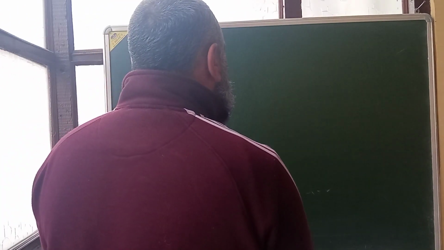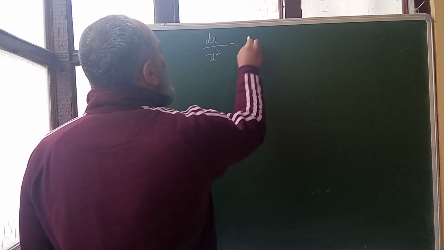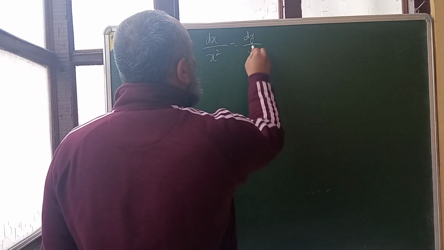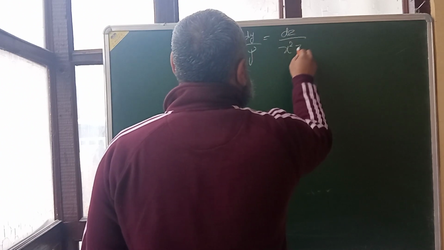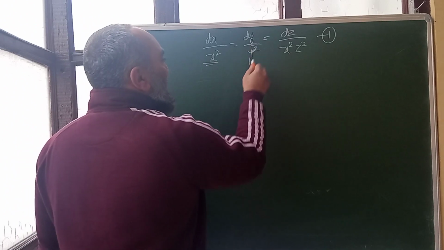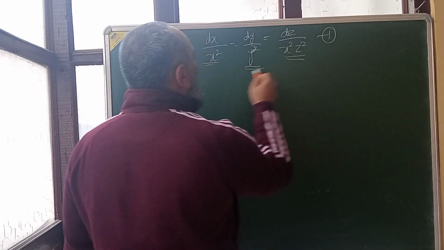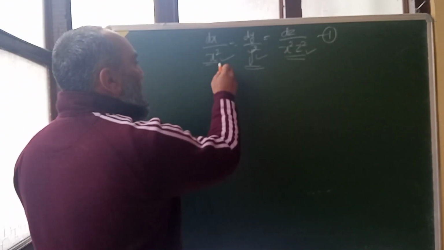Let me suppose that I have taken dx upon x square, dy upon y square equal dz upon x square z square. This is dx upon p, dy by q, dz by r. This is p, this is q, this is r. Let me take these two fractions.